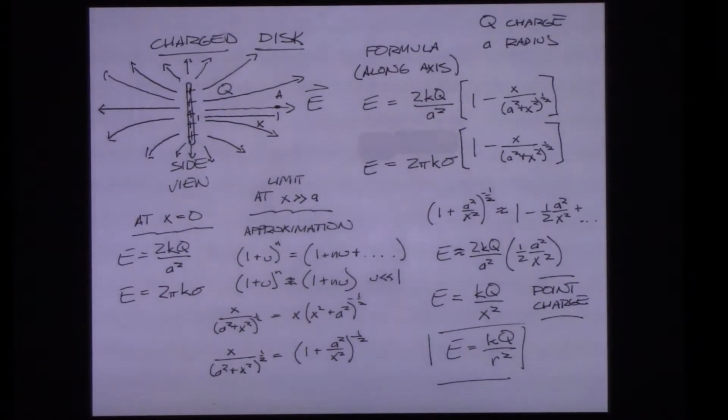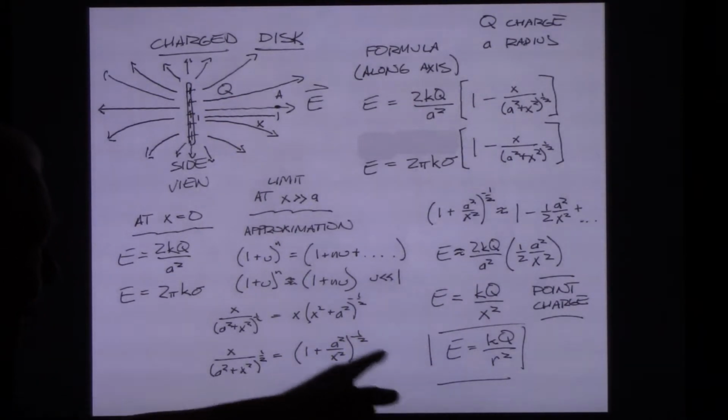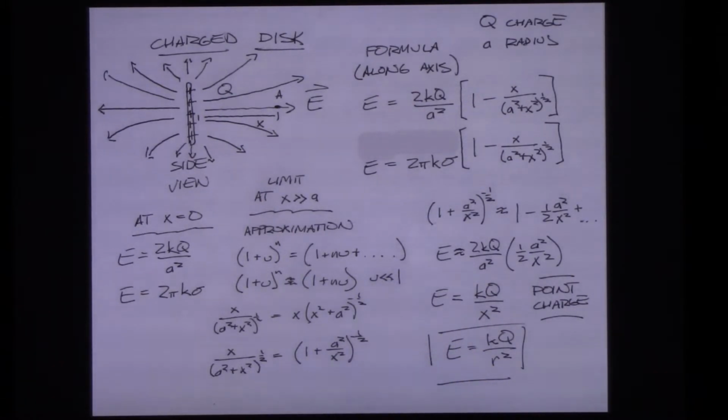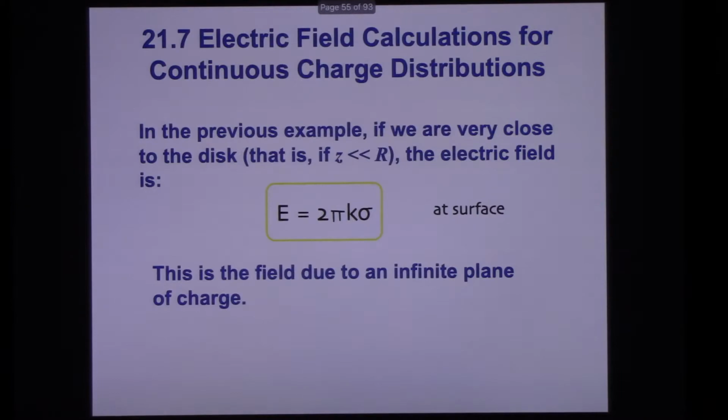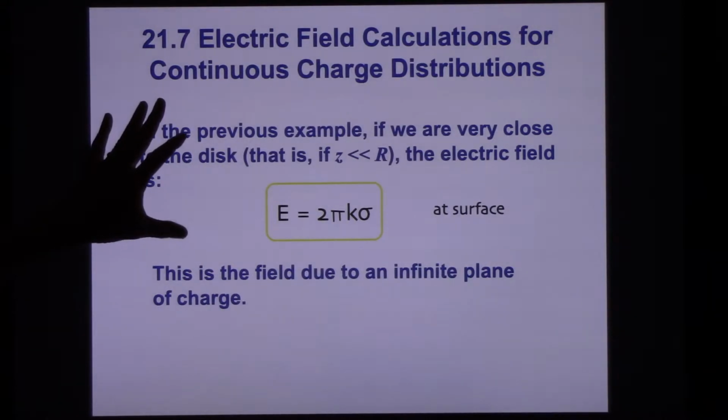That has to happen for every distribution we look at. Some are easier to show, some are more difficult, but for any distribution, it has to be the case that at large distance, those will converge. Okay, it worked. Now, moving on, here is the disk.